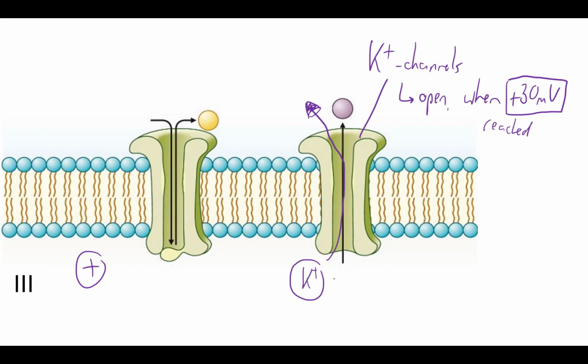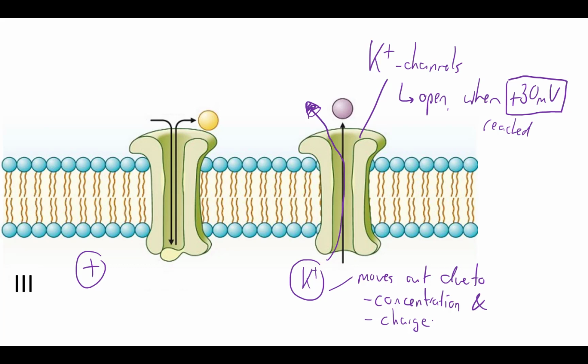So it starts to move out due to both concentration and charge. Remember, these two factors basically kept each other in check initially, but now that situation is quite different.